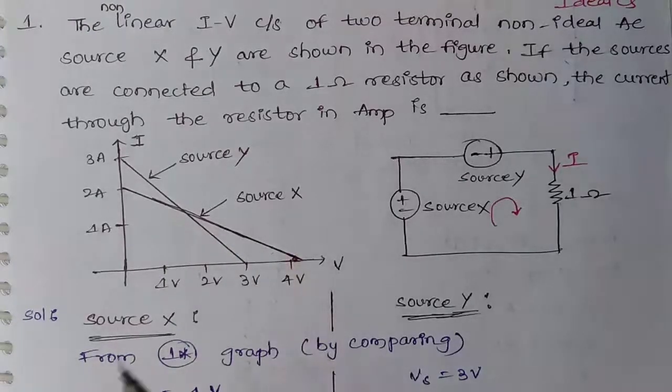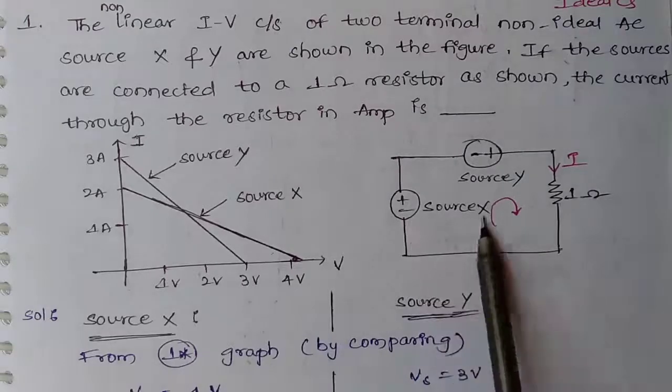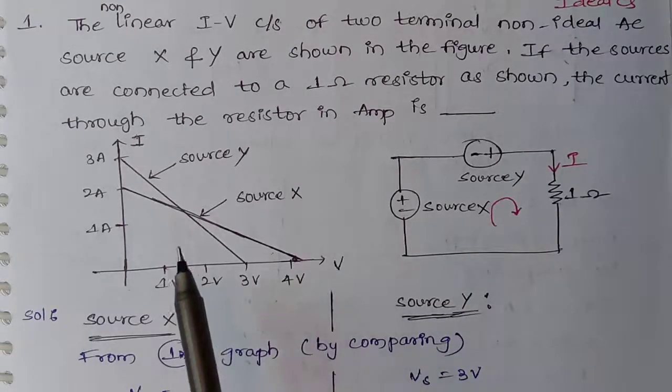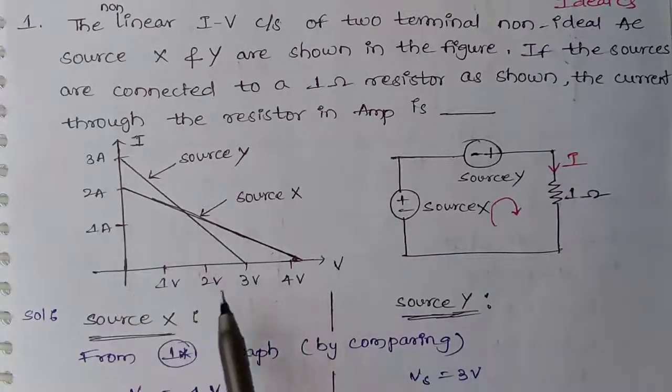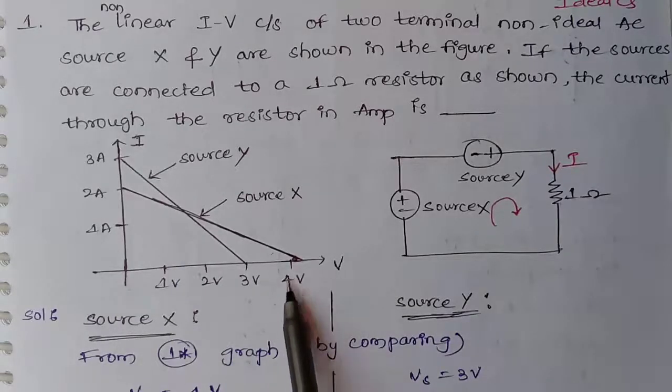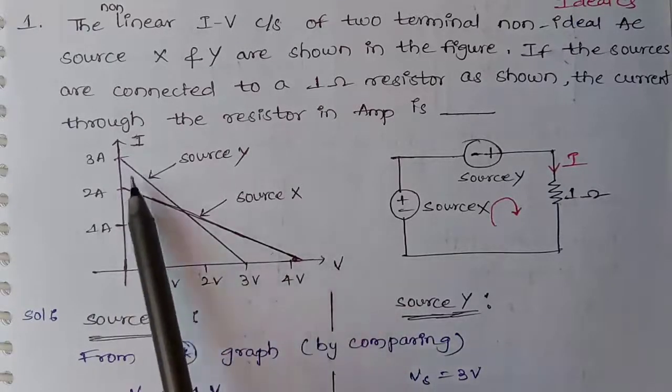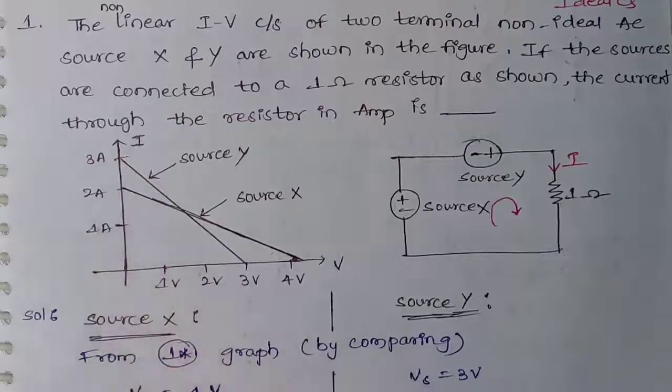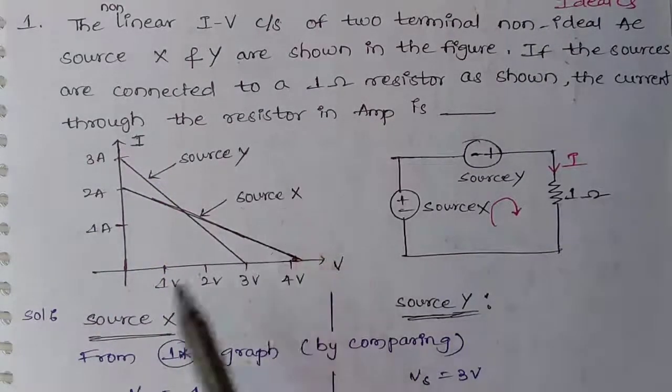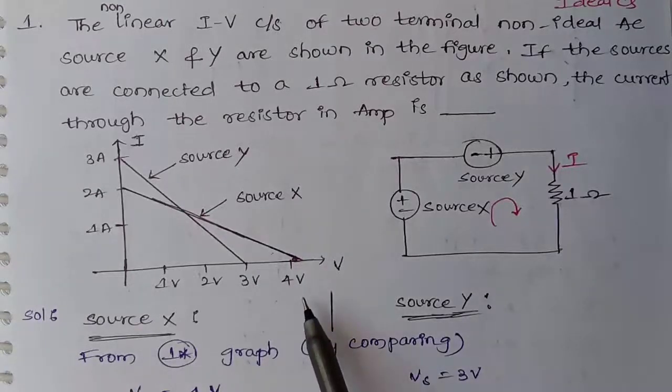I need to find out the voltage value of this source X. So in this graph you can see the voltage values on the x-axis and the current values on the y-axis. I need to find out the source X voltage value, which you can directly read from the x-axis: it is 4 volts.